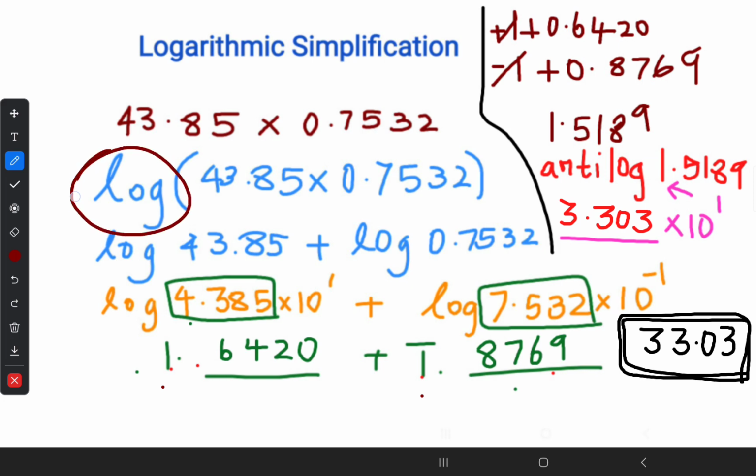Here we introduced logarithms, so again we need to terminate logarithms. For that, we find 5189 inside the logarithmic table with its respective row number, column number, and mean difference. That was 3.303. That should be multiplied with 10 to the power of 1. Finally, overall, we have the answer as 33.03.